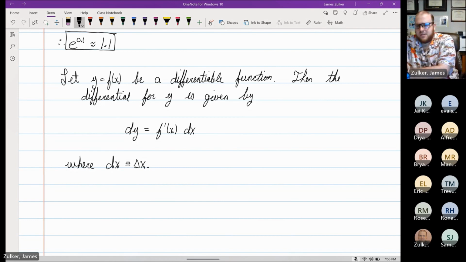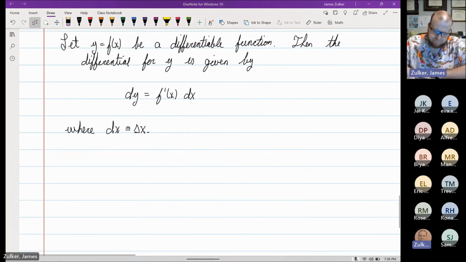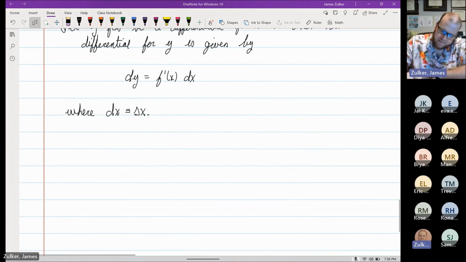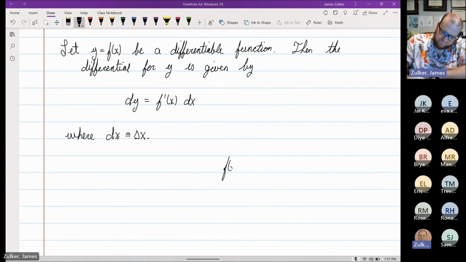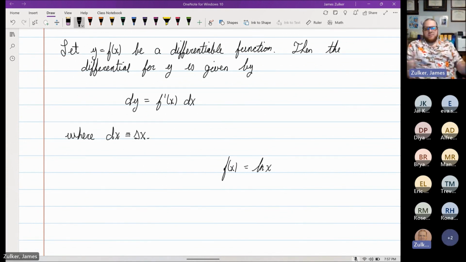Right, so let's say we were given, let's just go simple. Let's say we're given f of x equals log of x. And let's say we're at some point.